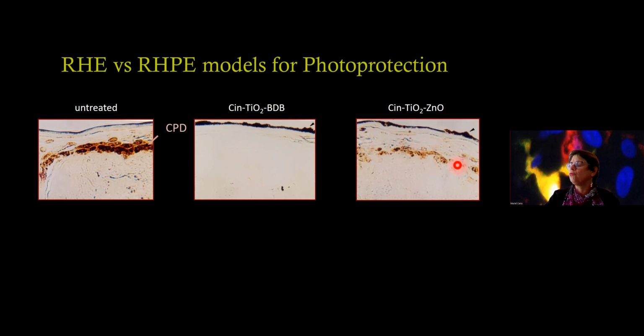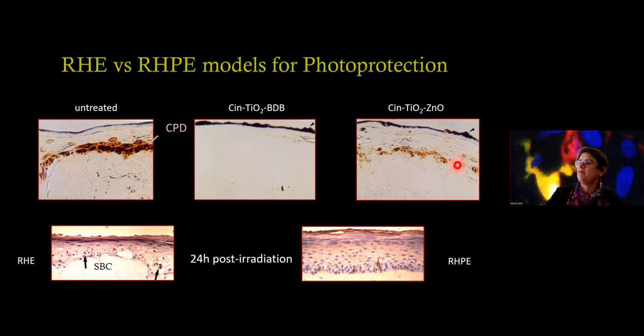What you have to know is that to test photoprotection, it depends if you want to screen some product or to test a product which is finished. Here you have a reconstructed human epidermis without melanocytes, and here with melanocytes.